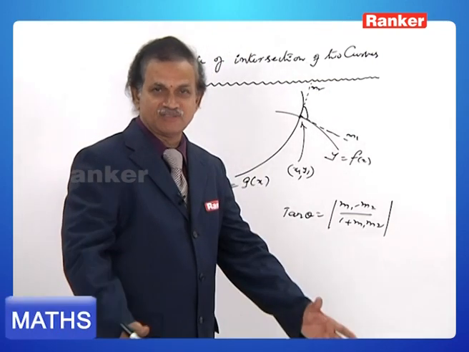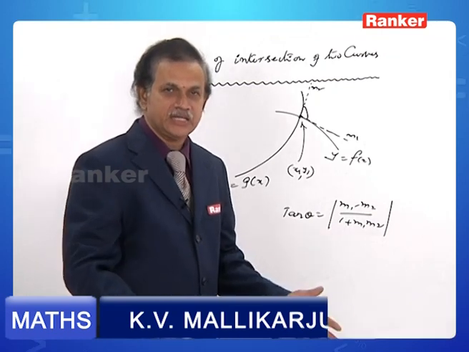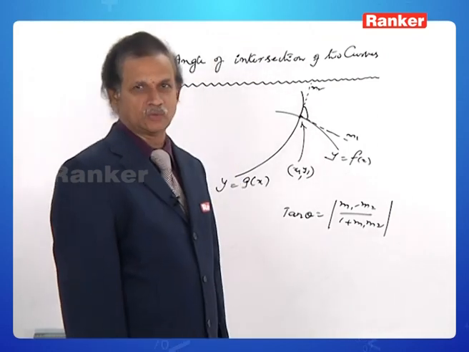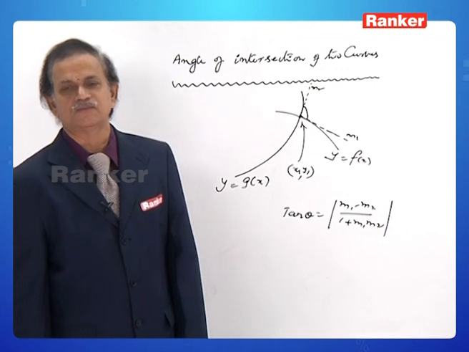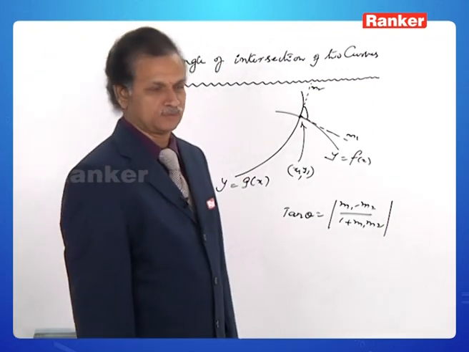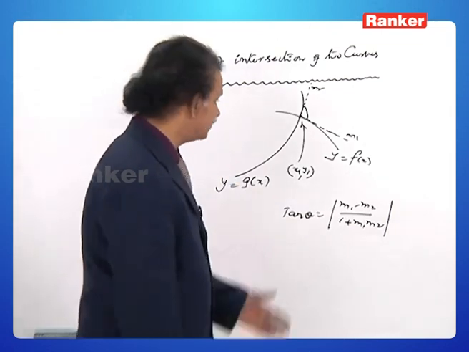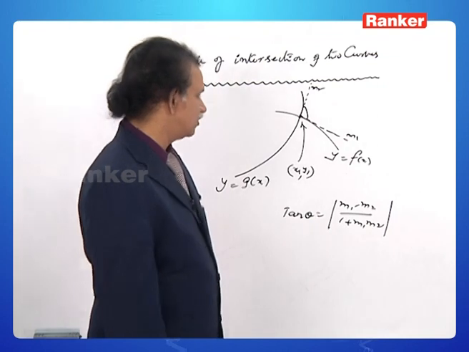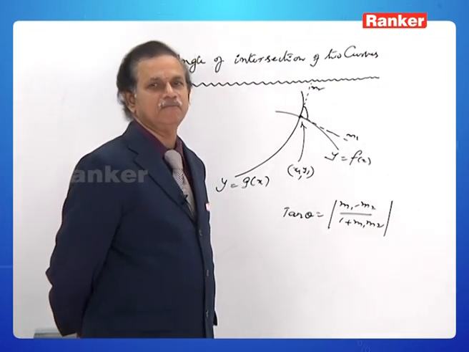As we take interest in finding the acute angle of intersection between two curves only, tan theta is equal to modulus of m1 minus m2 by 1 plus m1 m2.